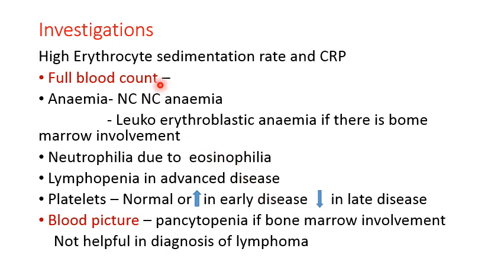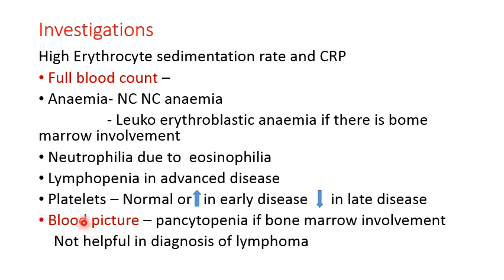So if you do a full blood count, the abnormalities would be normocytic normochromic anemia and non-specific eosinophilia. If there's eosinophilia with these symptoms, that might suggest that this patient has lymphoma, and also lymphopenia in advanced disease. Platelets could be normal or increased in early disease and reduced in late disease.